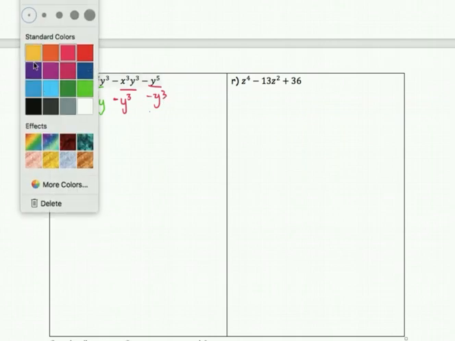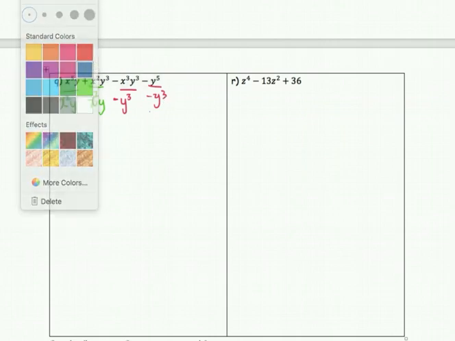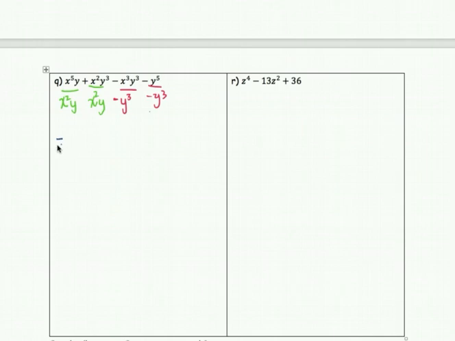All right, and let's go through and factor these out. So x squared y, that leaves us with an x cubed and just a y. Okay, and then the next one is a negative y cubed.